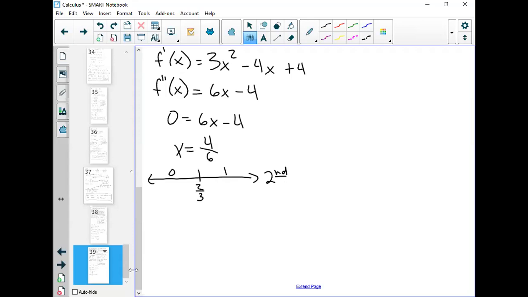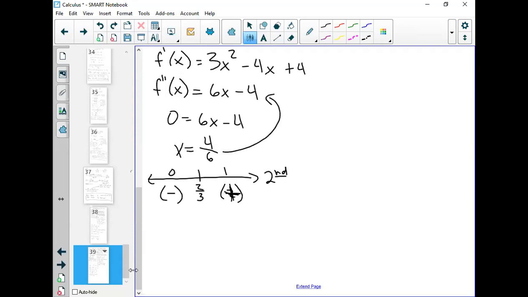So this is the second derivative line test. So we're going to plug 2/3 or 4/6 into the second derivative. If you plug in a 0, you're going to get -4. So this is negative. And if you plug in a 1, you're going to get 6 minus 4, which is 2. Okay. So 2 is positive.